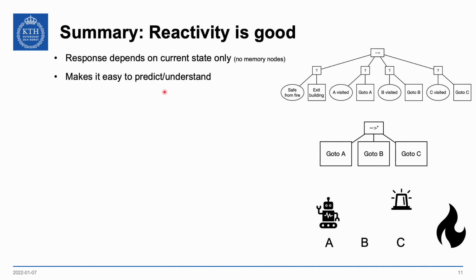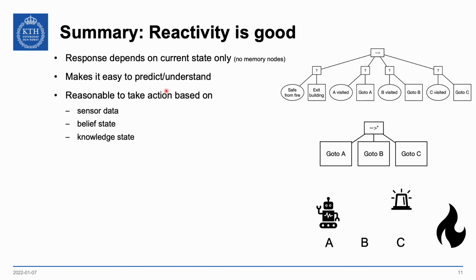No memory makes it easy to predict and understand what your agent is doing. But memory obviously makes sense in terms of keeping track of your belief and knowledge of the world. So I think it makes sense to view these as part of the world state and then have a reactive agent reacting to not only what you sense, but also what you know and believe.